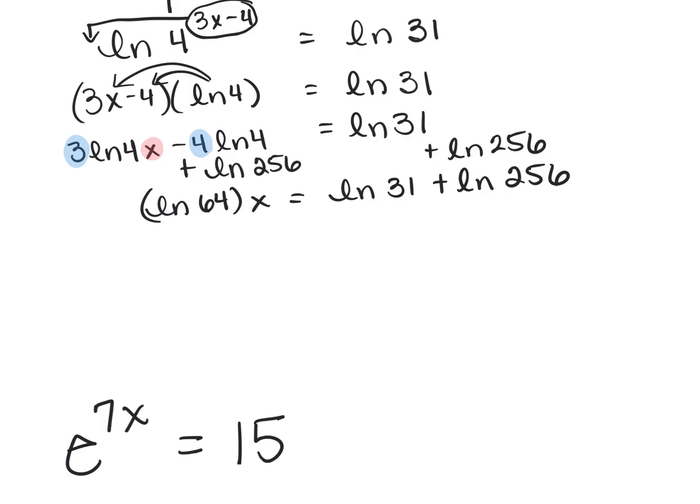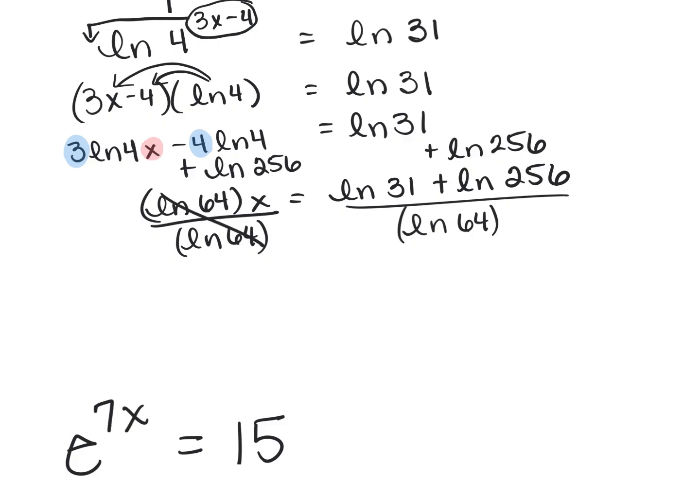So if you just get rid of them, you don't have to worry about it. So then we are going to divide both sides by the natural log of 64. So when we divide by the natural log of 64 on this side, we get x is equal to. Now, as you type this in on your calculator, you want to make sure that you're using parentheses appropriately.